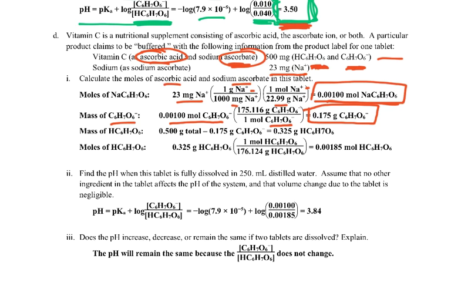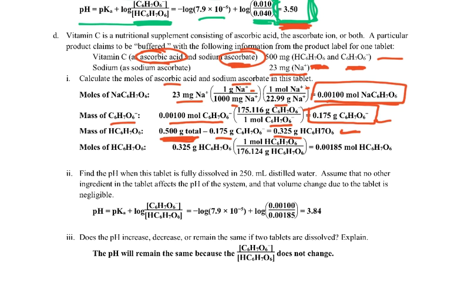And the reason we care about that is because we said we have 500 milligrams total of ascorbic acid and ascorbate, so we're going to subtract 175 milligrams from our 500 milligrams, and so we can see that we have 0.325 grams of ascorbic acid, or 325 milligrams, but we're going to stick with grams.